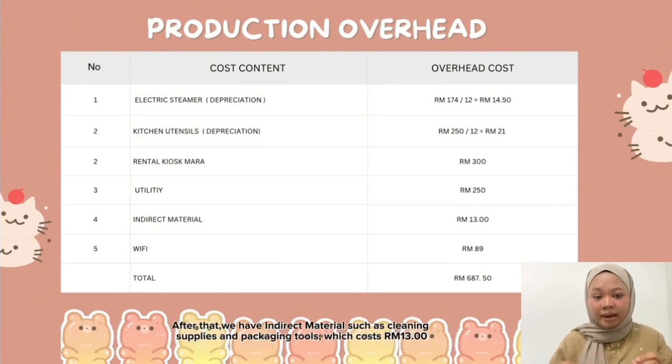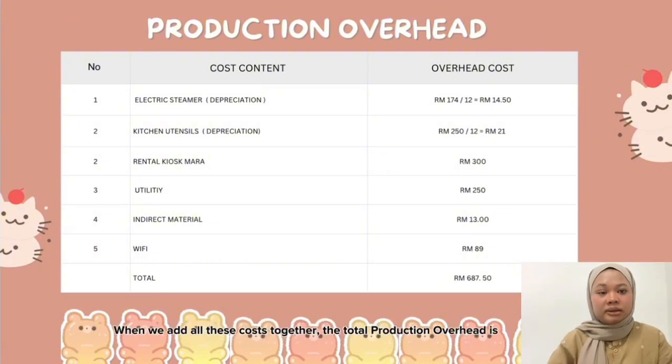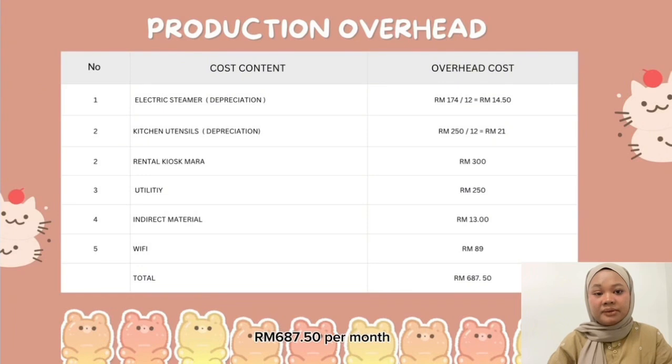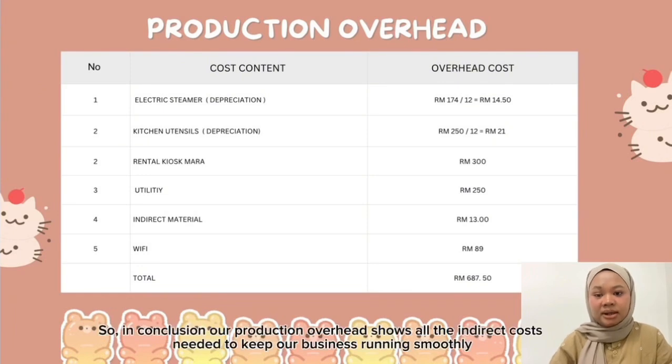After that, we have indirect materials such as cleaning supplies and packaging tools, which cost 30 ringgit. When we add all these costs together, the total production overhead is 687 ringgit and 80 cents. So, in conclusion, our production overhead shows all the indirect costs needed to keep our business running smoothly.